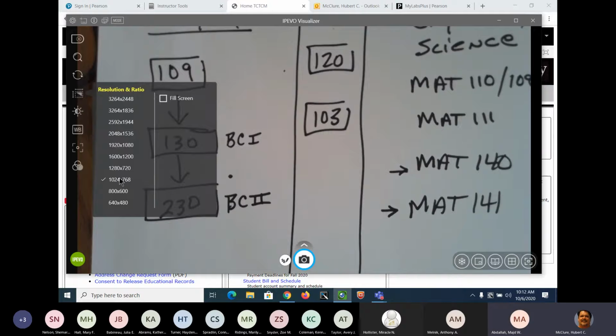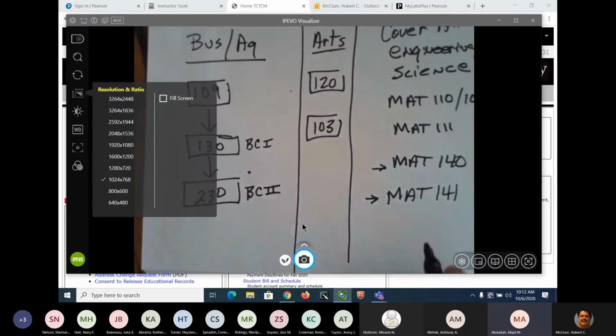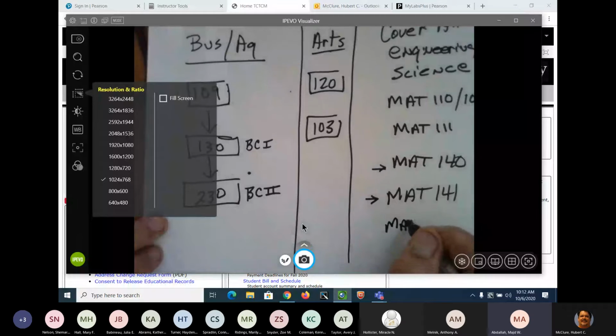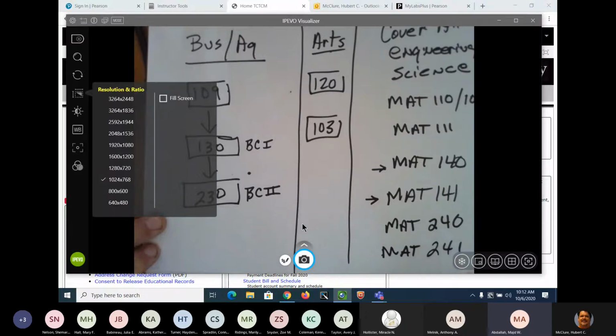I've got a quick question. In regards to people that are bridging, what math do I need to take that'll transfer? Like, if I want to transfer into a math program at Clemson? All of these, let me stop you right there. Let me get a green highlighter.